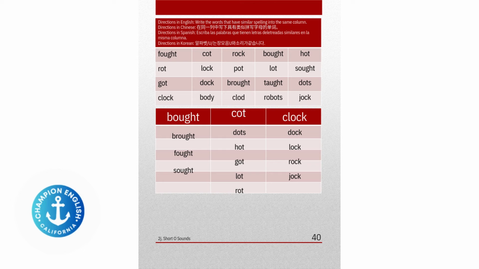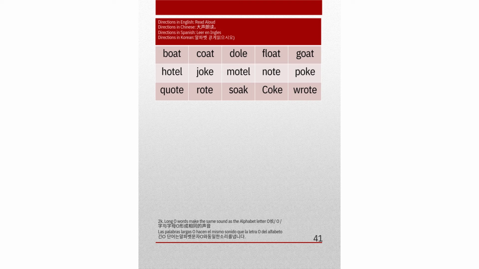Column 2, we have caught, hot, got, lot, rot, and pot. That rock should not be there. Under clock, we have dock, lock, rock, and jock. Good job, students.